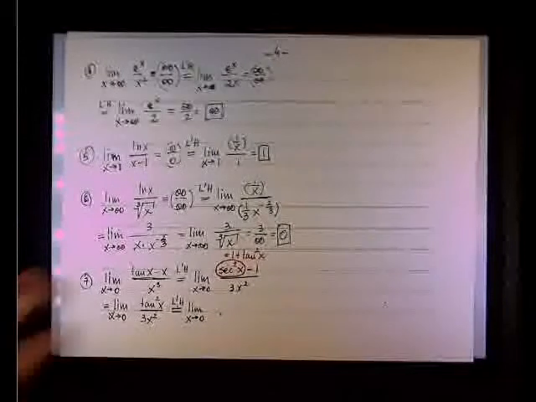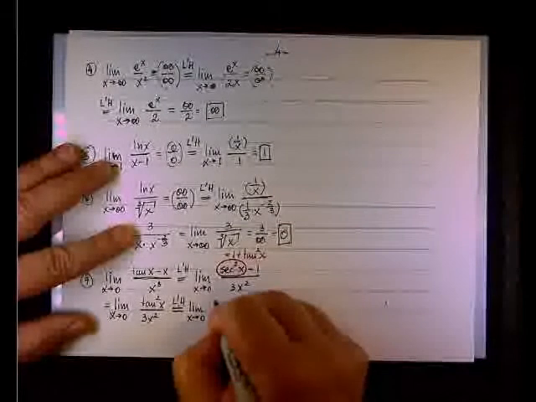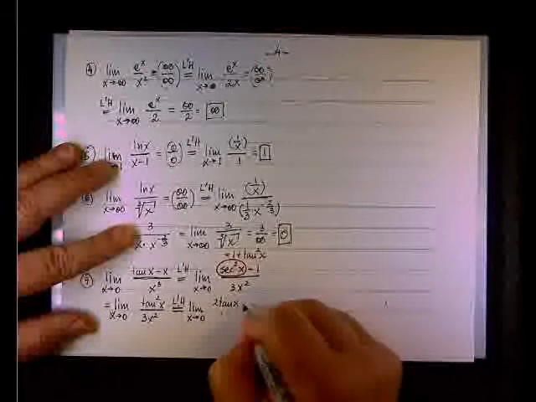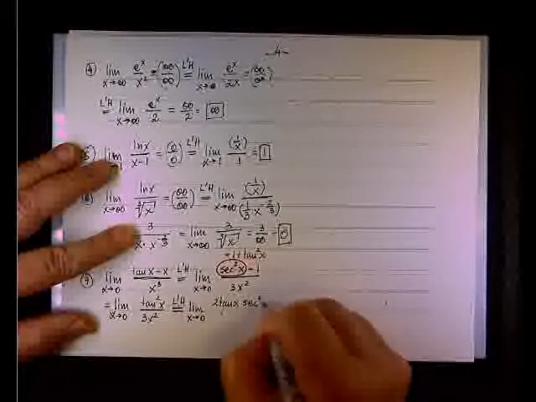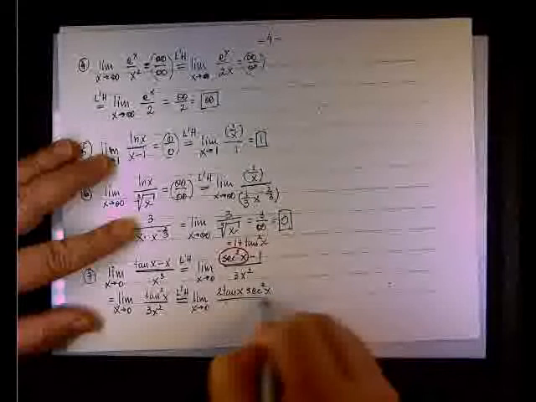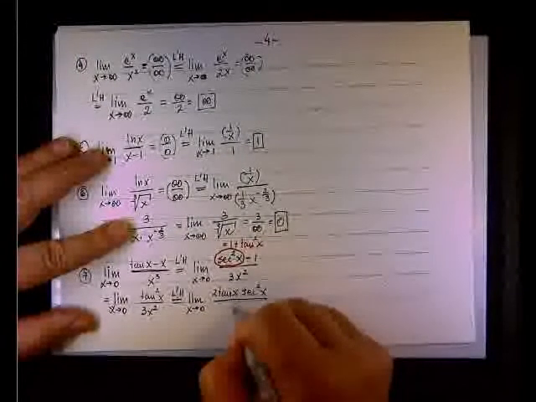Let's say tangent is u, and we'll do the chain rule. The derivative of u squared is 2u times du/dx, in this case 2 tangent x, and the derivative of the tangent is secant squared. The derivative of 3x squared will be 6x.